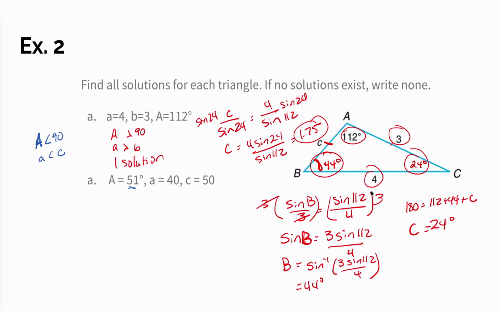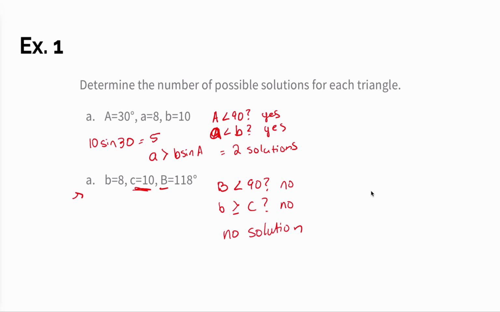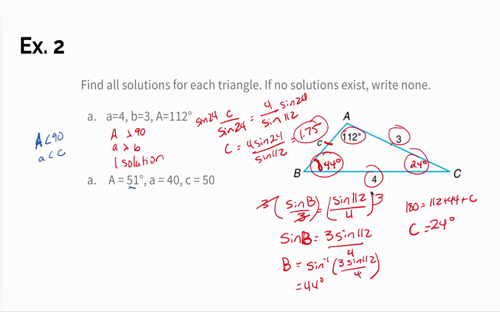We need to try B sine A, or C sine A in this case. So 50 sine 51 is 38.8. So A is greater than C sine A, so that means 2 solutions.